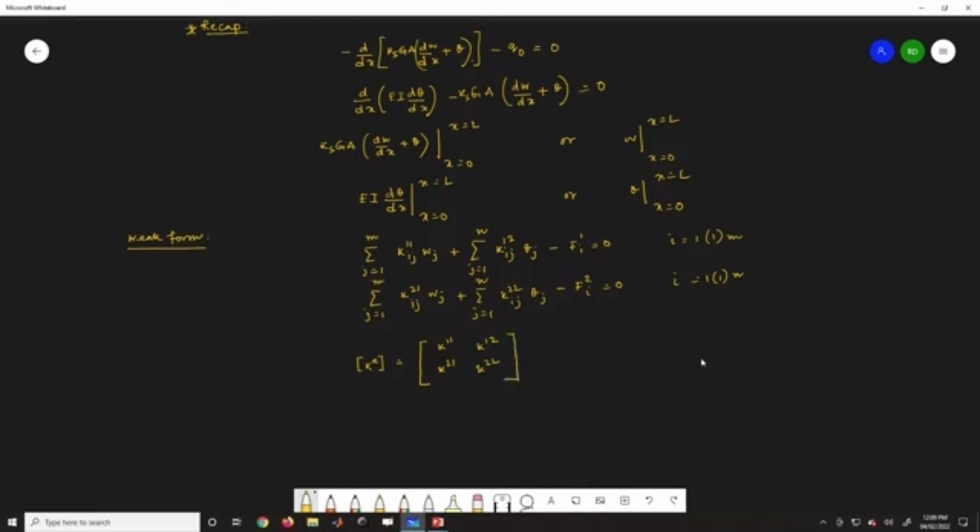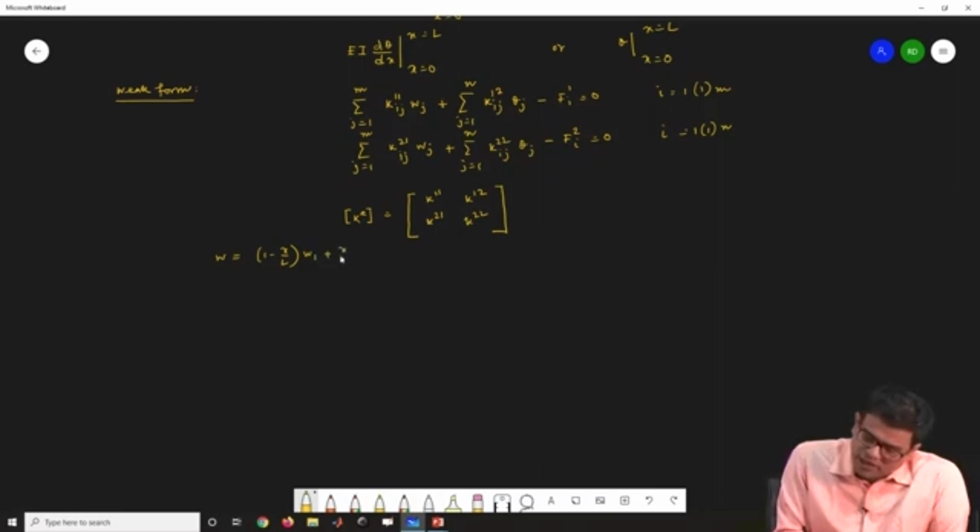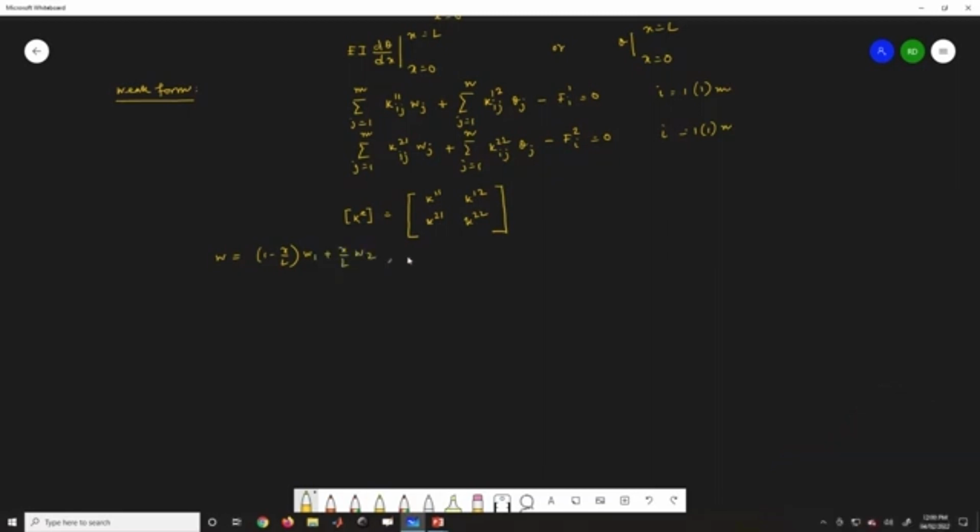While deriving this stiffness matrix, we observe that if I use linear interpolation functions, W is approximated as 1 minus x by L times W1 plus x by L times W2, and theta is 1 minus x by L times theta 1 plus x by L times theta 2.